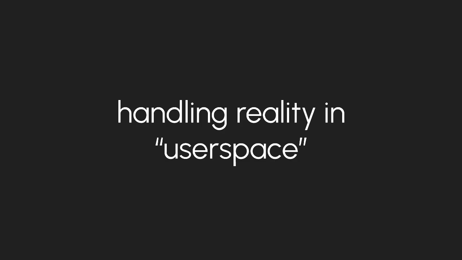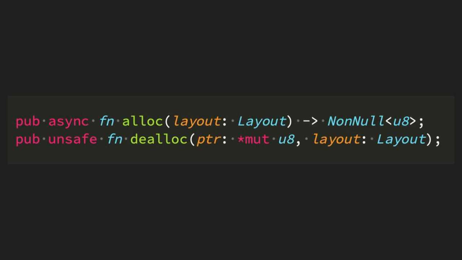So this is an experiment that I did a while back for the operating system that I've been hacking on, Namas, where what if the signature for allocation and deallocation looked like this? We have an async function called alloc that takes a layout and returns a non-null U8. Notice that, again, there's no error. So this is taking a layout, but it's not returning a result. It's just returning a non-null.